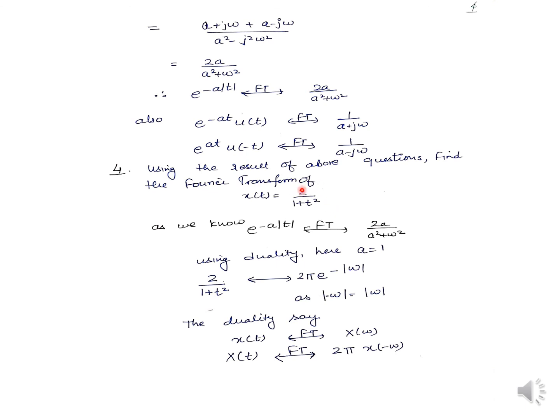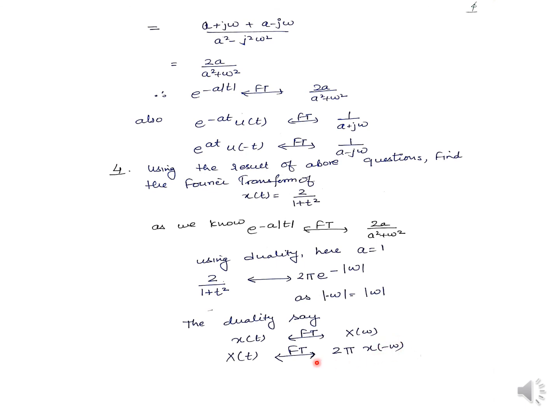So in a similar way, if I use the duality property here, it will become 2 here because a is 1, and 1 plus t square. In place of omega, t will come, and if you remember the duality property correctly, x of t goes to this side, capital X comes to this side, 2 pi is multiplied on this side, and there is a minus with omega.